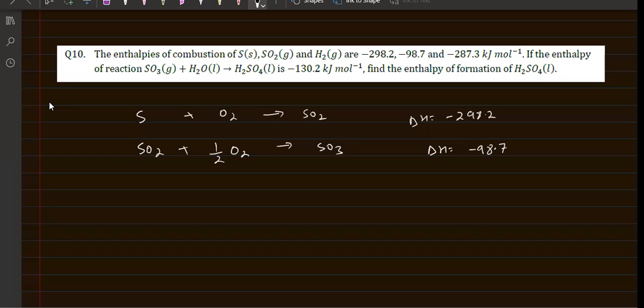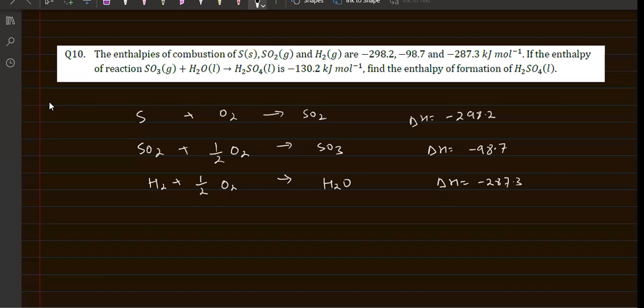And same with H2. For H2, it would be H2 plus, combustion means just reacting with oxygen, O2. You know what will be formed, right? We will have H2O, and this will again be half O2. Now this delta H is also given, which is minus 287.3.